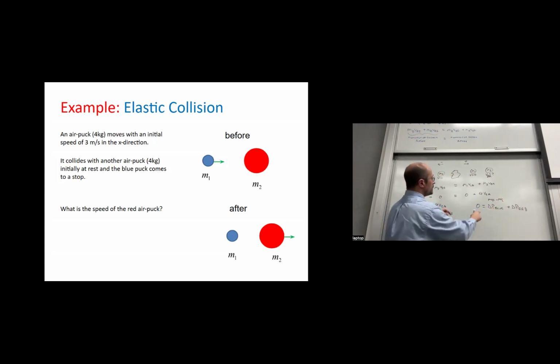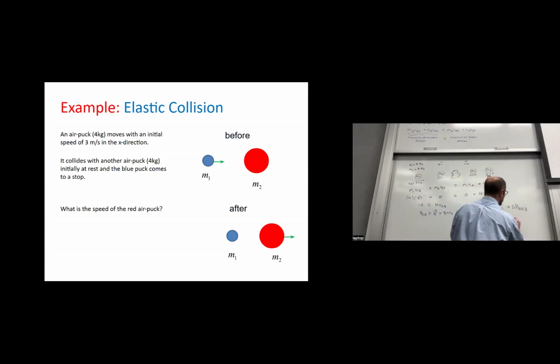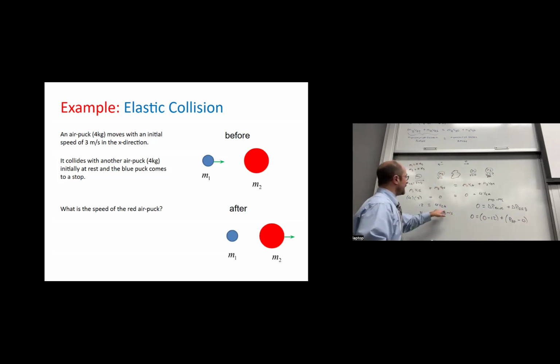Well, MV final for the blue would be 0, so 0 minus 12, because the blue initially has 12. Now for the red, P red final minus 0. So we see that the blue gives up 12 units of momentum, and that is how much the red gained, and then we solved for the velocity.